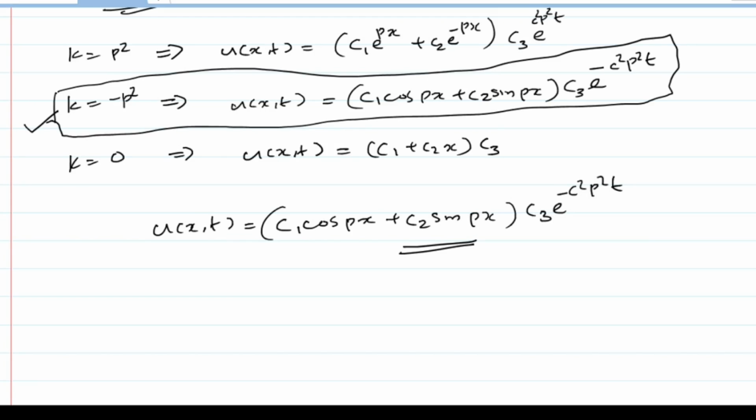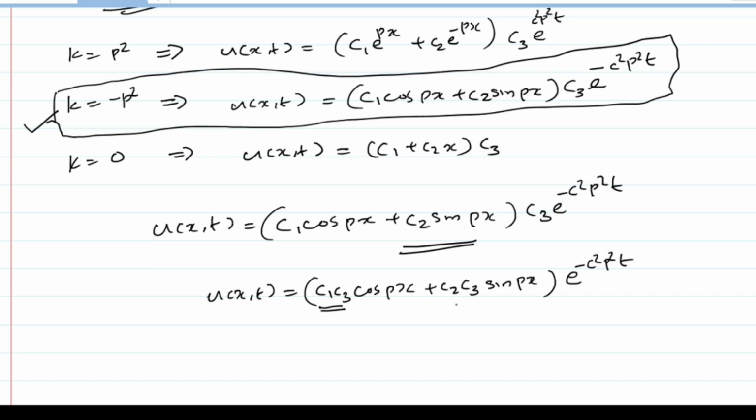Also we can multiply this c3 inside. So what you get is u of x,t is equal to c1 c3 cos px plus c2 c3 sin px into e raised to minus c square p square t. So we call this c1 c3 as new c1 and c2 c3 as new c2.